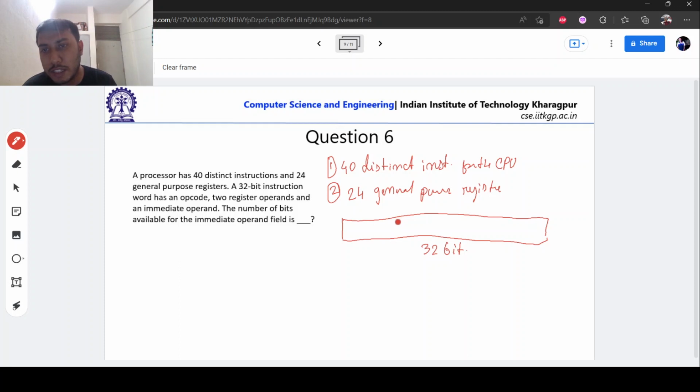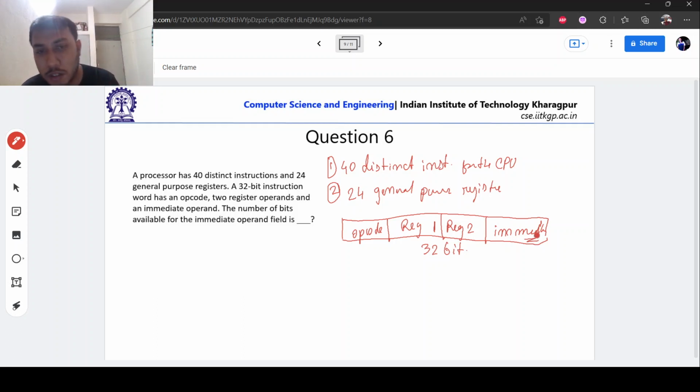Now it is said that this instruction has 4 fields. One is the opcode, then the first register, the second register, and there is an immediate part.